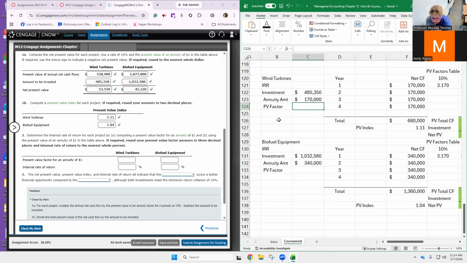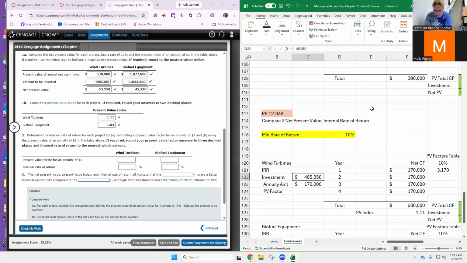The present value factor is going to take the investment and divide by its annuity amount. The internal rate of return is a lot easier to calculate when you have an equal amount every year.